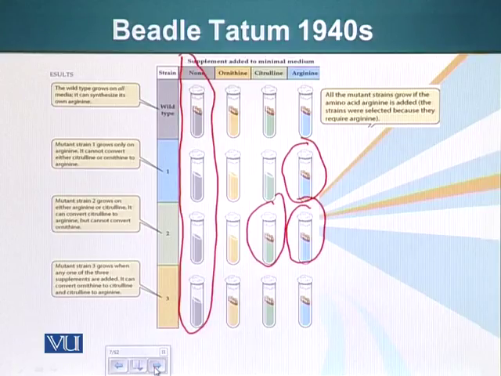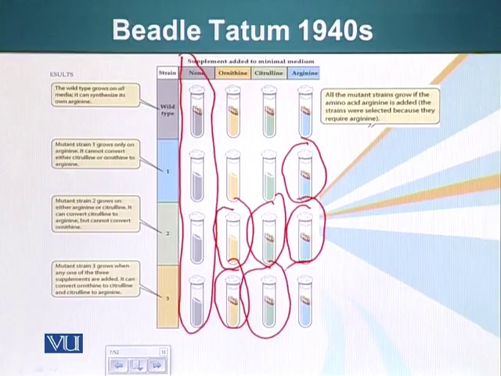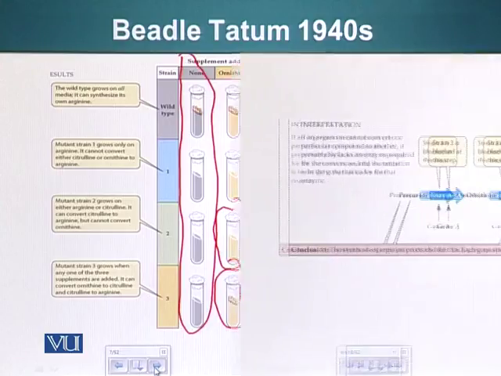These mutants could grow if citrulline or arginine, either one of them, was provided, but could not grow if they were just given ornithine. The third mutant strain needed ornithine; if it wasn't provided, they were not able to grow, and if citrulline or arginine was provided, they could also grow on these compounds.